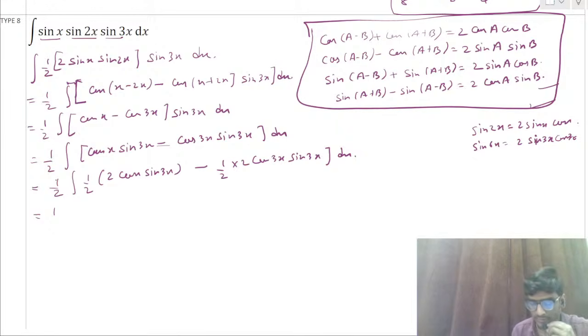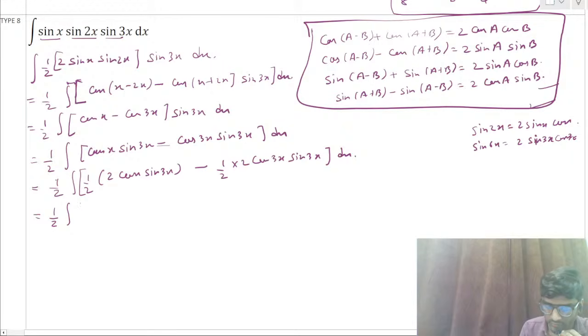Now this 2 cos x sin 3x is of the fourth form, so we can write it as sin of x plus 3x minus sin of x minus 3x.